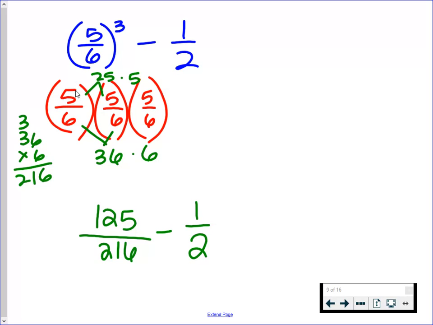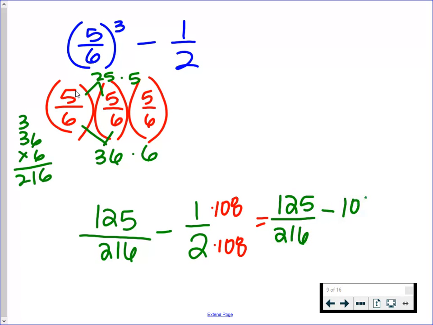A common denominator? Oh, I know. Keep the bottom, subtract the top.